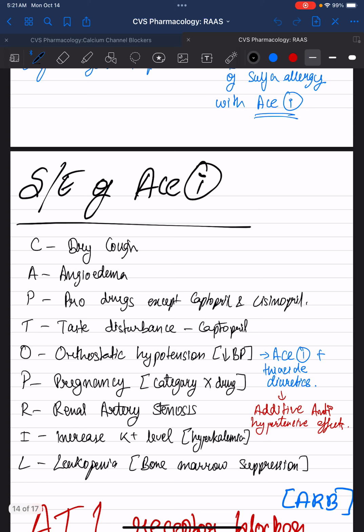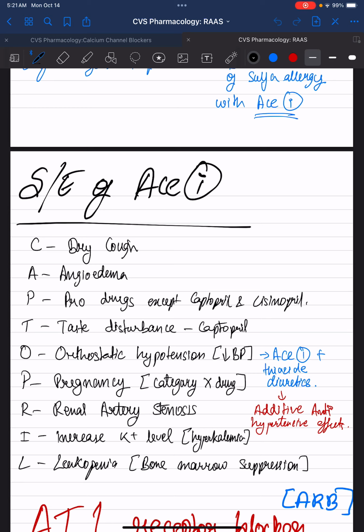So what are the side effects of ACE inhibitors? The most common ones, as we know, are dry cough, rhinitis, and urticaria. There will also be taste disturbance, which is caused by captopril.